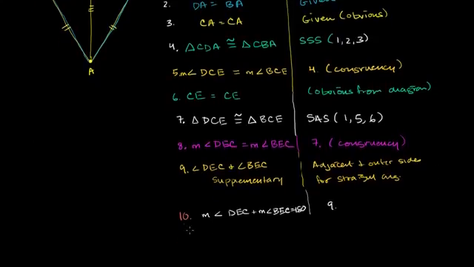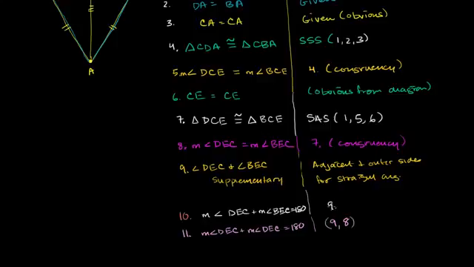And then we could say statement, I'm taking up a lot of space now, statement 11, measure of angle DEC plus measure of angle DEC is equal to 180 degrees. We know that from statement 9 and statement 8.